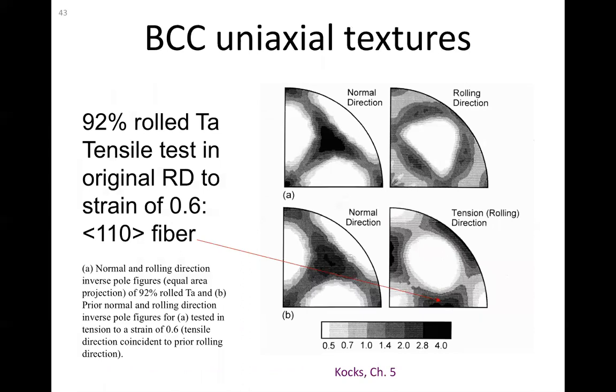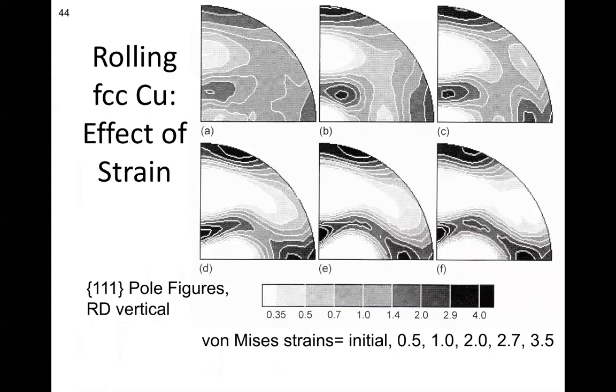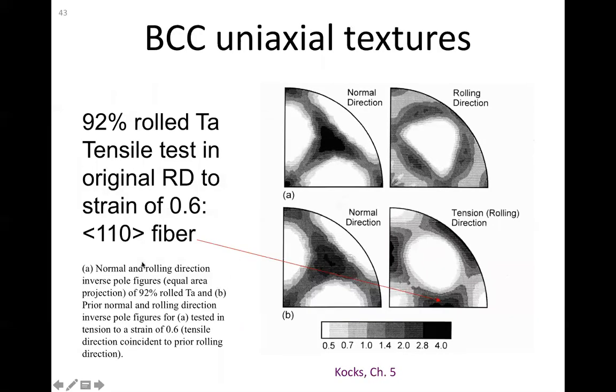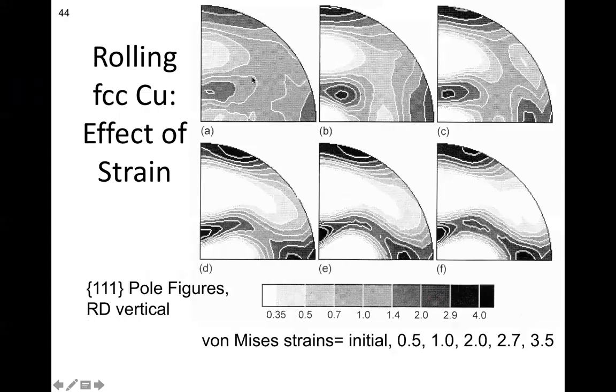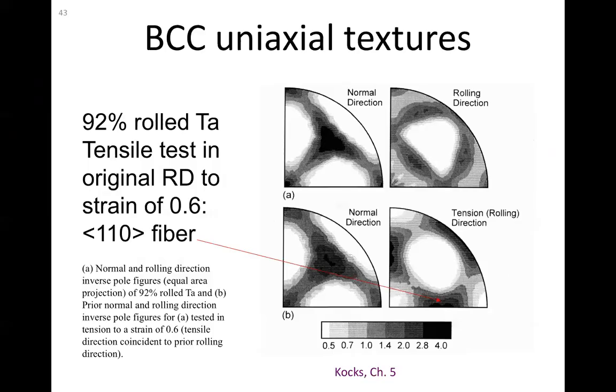We have completely different set of slip systems. And so we can see the texture development as a function of strain in FCC copper. I got these slides a little out of order, sorry. I didn't quite want to go to BCC just yet.